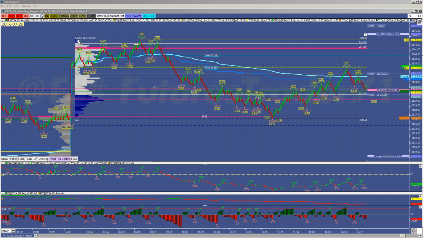So what does that mean? Here we balanced up here. We formed this big thick profile, right? And then we have an impulsive move away from it. I generally look for the mid to be the cutting point. If there's going to be a continuation in that direction, the mid is generally the cutting point.